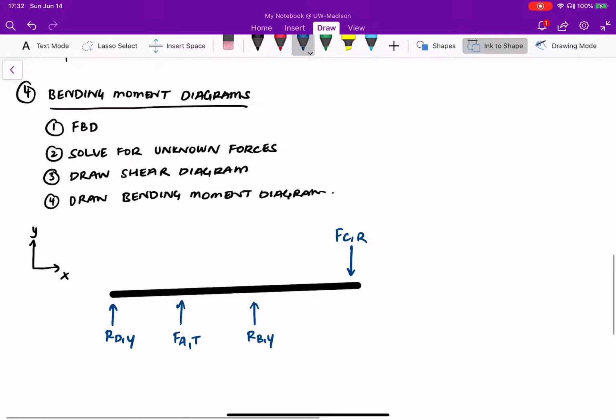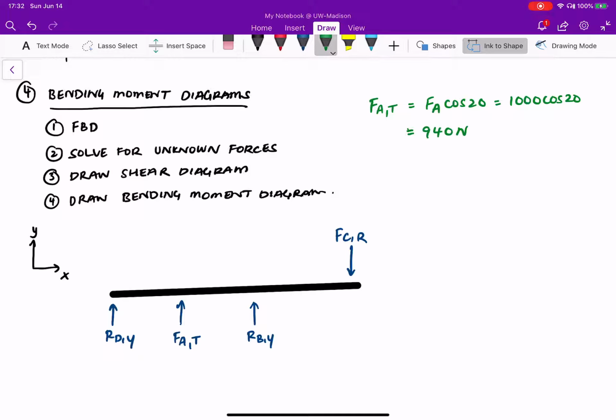Now, in order to solve this, we need to solve for the reaction forces, and we already know what the tangential and the radial forces are at the gear because they're just components of known values already. So let's write that down on the side here. So we have FA tangential is FA cosine 20, which is 1000 cosine 20, which equals 940 newtons.